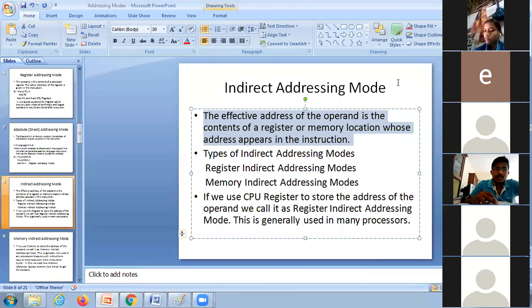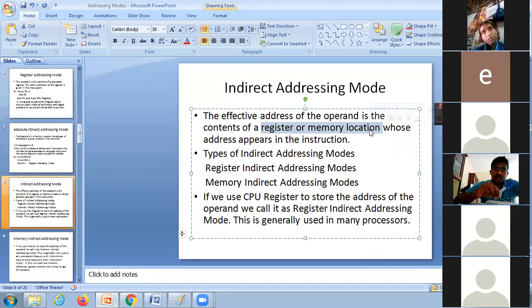While dealing with the index addressing mode, observe here: register or memory location.